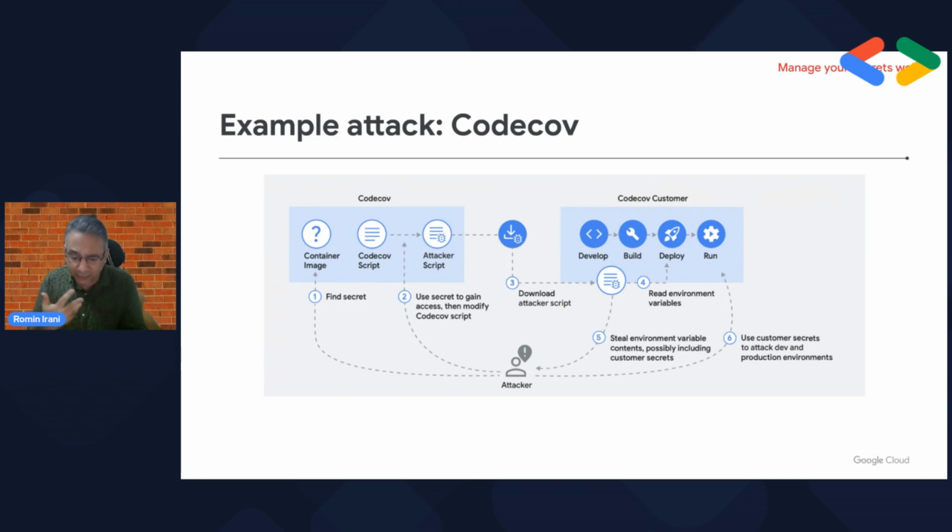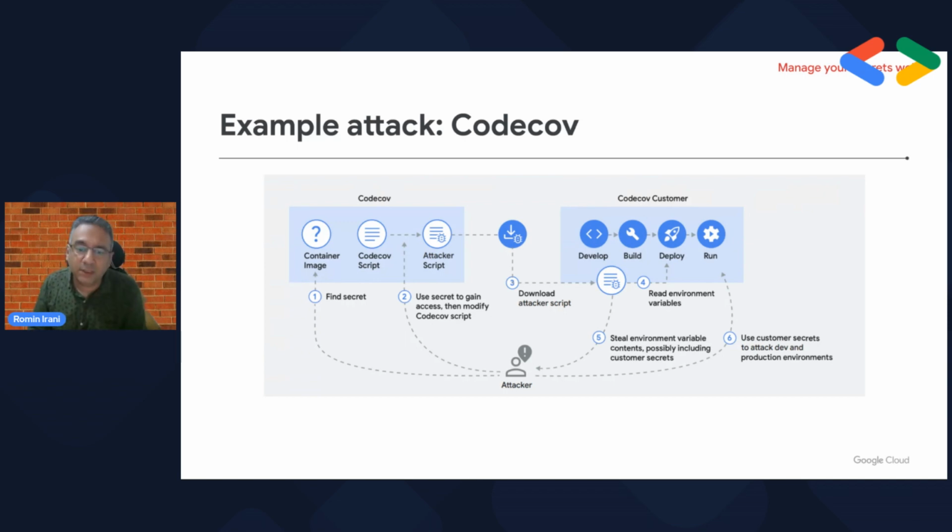And then obviously the attacker will use the additional secrets or passwords it has got access to, and attack the customers' environments more and more. So it all started, if you notice, by someone leaving a secret or an API key somewhere in the container image. So the question then comes up, where do we store these things?